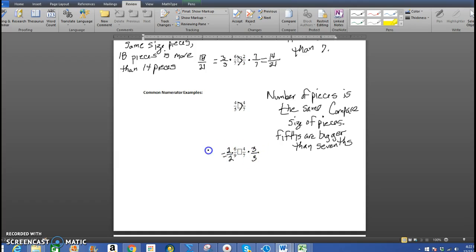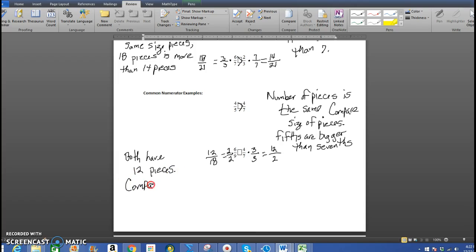So I end up with 12/18, and over here I have 12 over 21. So they both have 12 pieces. So I need to compare the size.